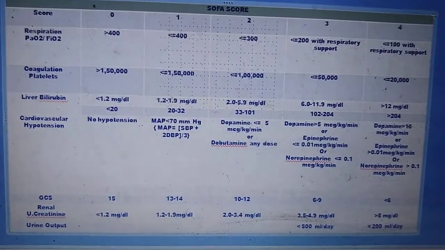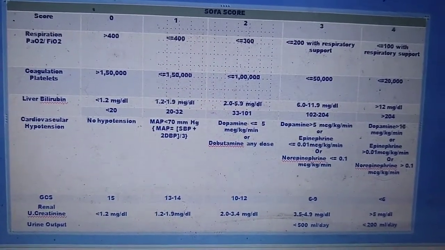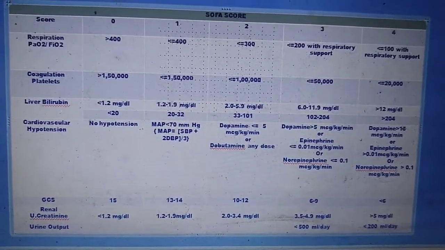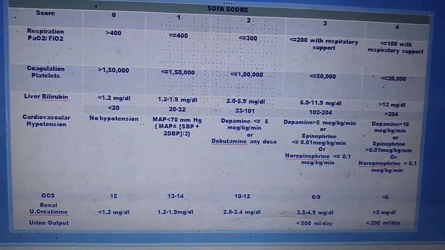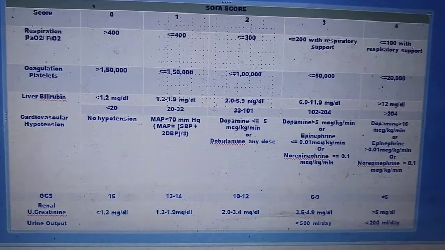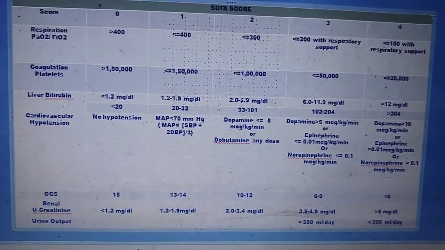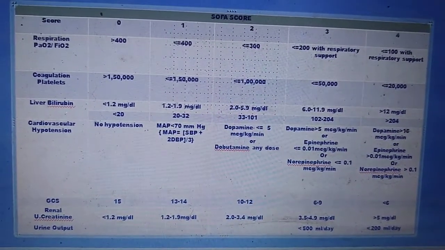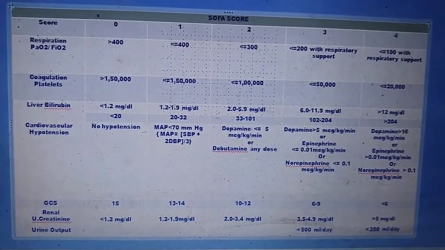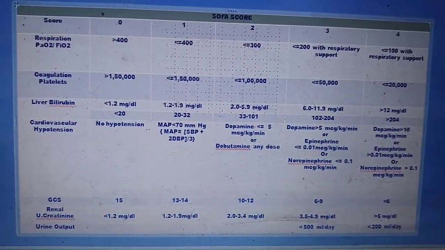Next, in scores 2, 3 and 4, we are using inotropes. The patient may need inotropes with an increased dose of dopamine, dobutamine or norepinephrine, whatever it is. Next is the GCS score. We see 15, that is normal, in score 0, and once it is less than 6 it is very severe.